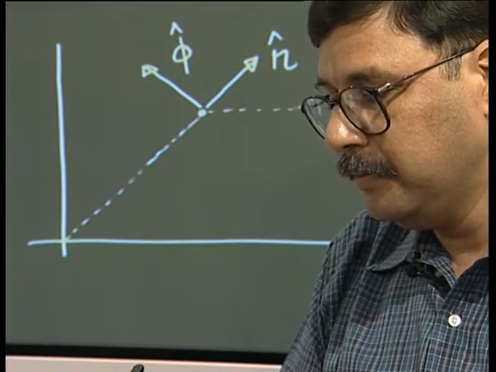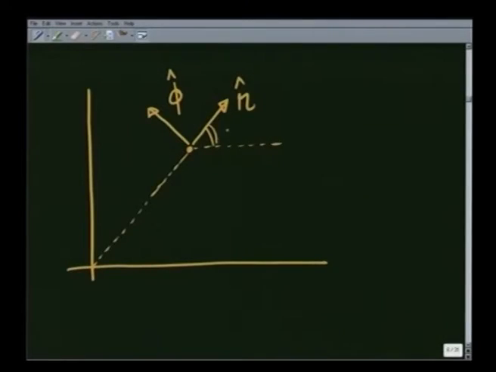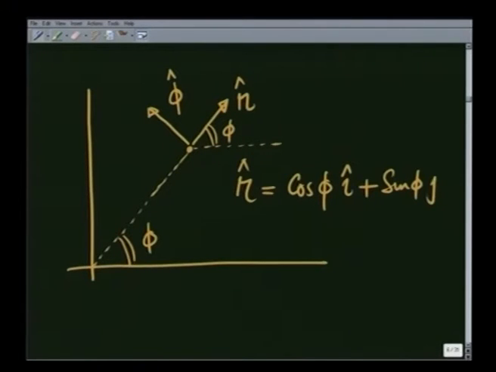This angle is phi and so is this. You can already see that r unit vector is equal to cosine of phi unit vector i plus sine of phi unit vector j.